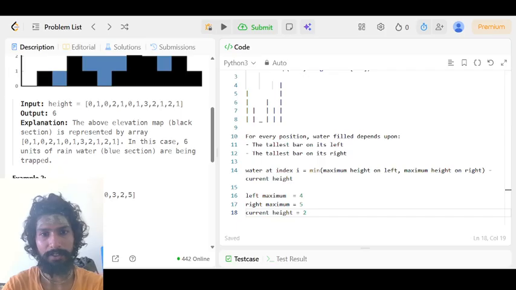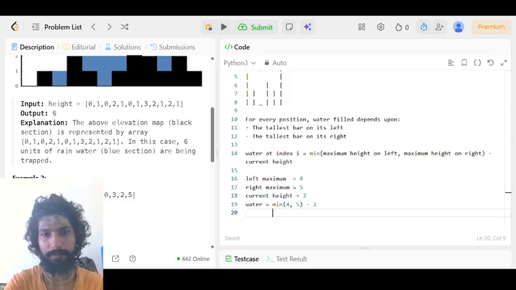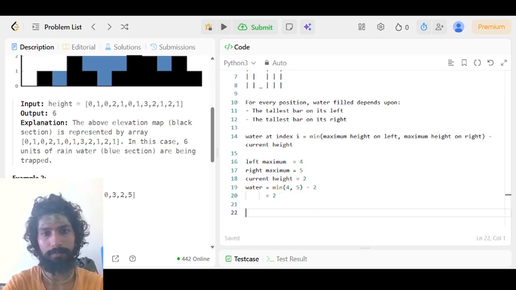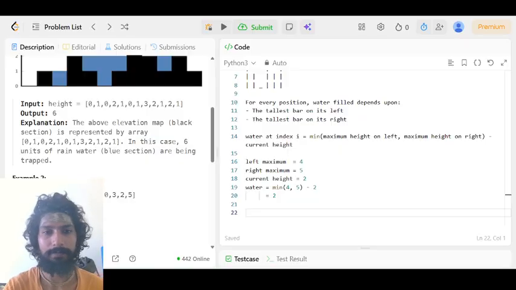Then water equals min of 4, 5 minus 2, and that equals 2. The shorter boundary determines the water level because water would overflow from that side.